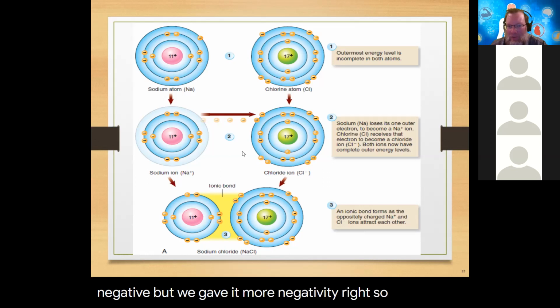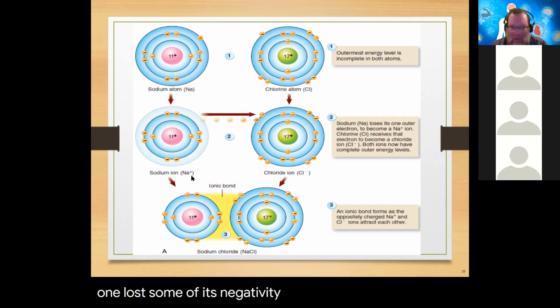So electrons, remember, are negative. So we gave it that extra negativity that it needed. That's why we denote it as having that negative charge, because it has an extra negative now. This one lost some of its negativity, so now it's positive.